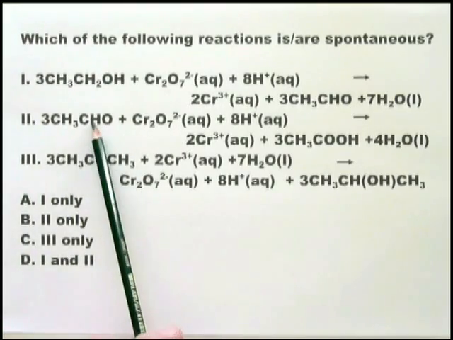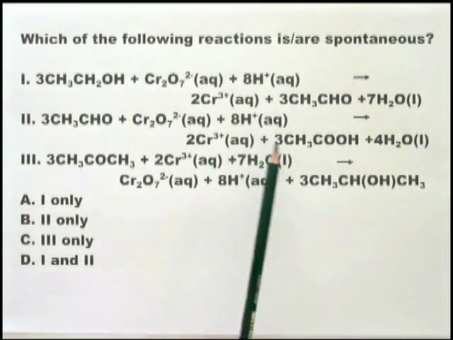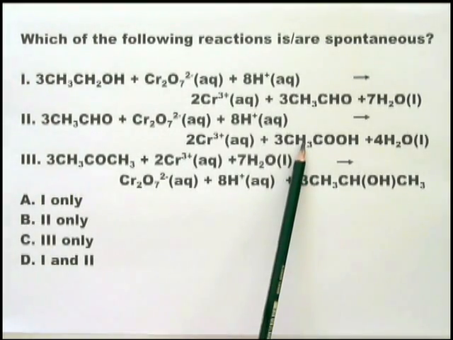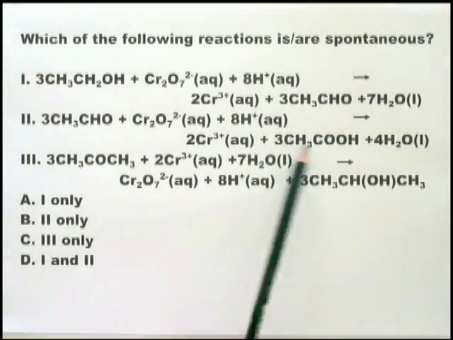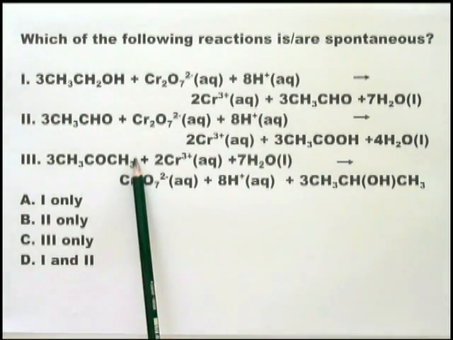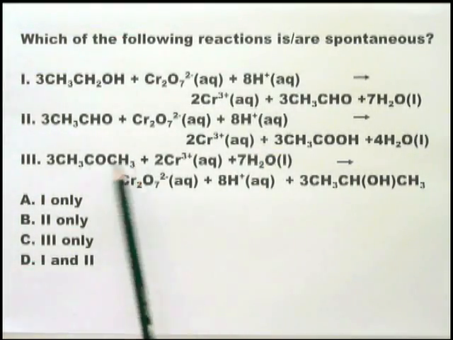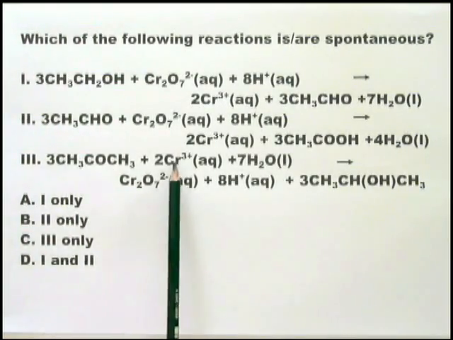The same here, the aldehyde with dichromate, potassium dichromate, some acid, will go to ethanoic acid. So that one does go to completion, and that one is spontaneous. Here we have something slightly different. We have a ketone, and we have Cr3+, which is a reducing agent.